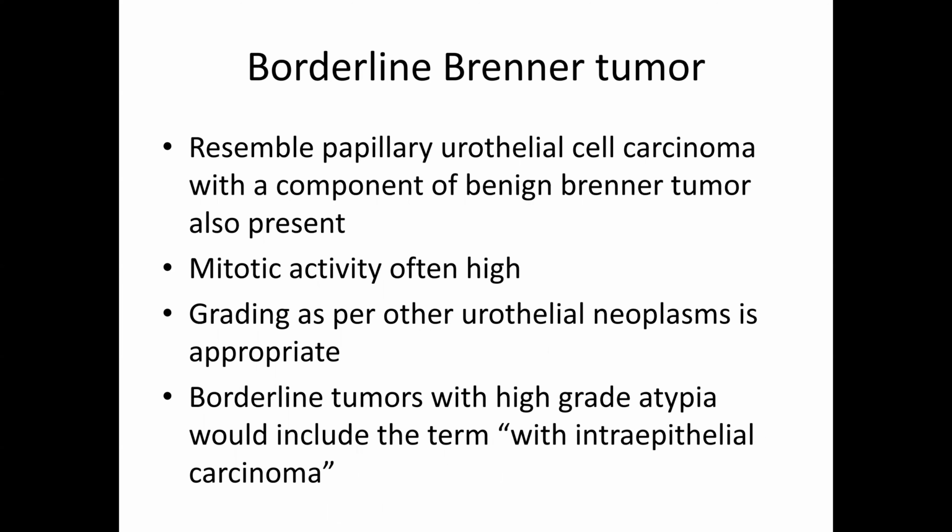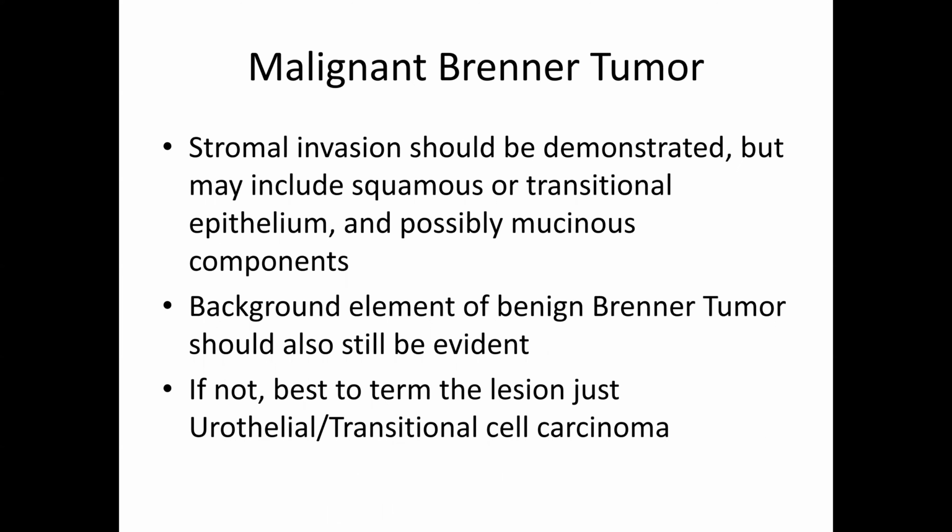Borderline Brenner tumors will, of course, resemble a papillary urothelial carcinoma or papillary urothelial tumor with a component of some benign Brenner tumor also present. These may be mitotically active and would be graded according to other urothelial neoplasms. With high-grade atypia, we might, again, use the term intraepithelial carcinoma in our descriptive diagnosis.